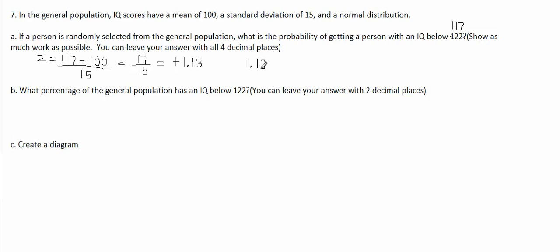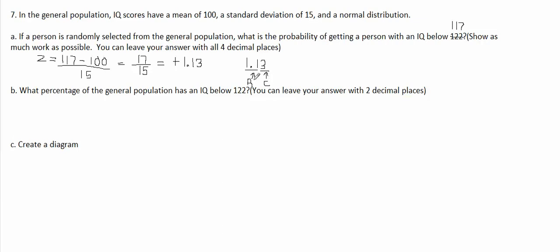So to figure out which row and column we go to in the table, we have to break apart this z-score into 2 pieces. The first 2 digits tell us the row. So the row is 1.1, and the final digit always tells you the column, so it's column 3.